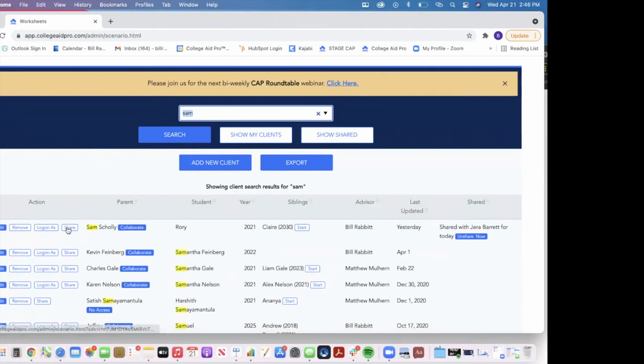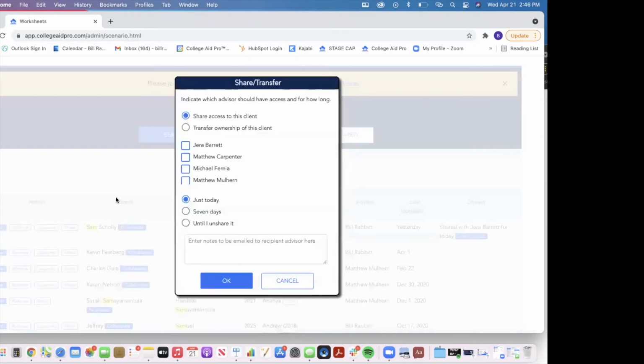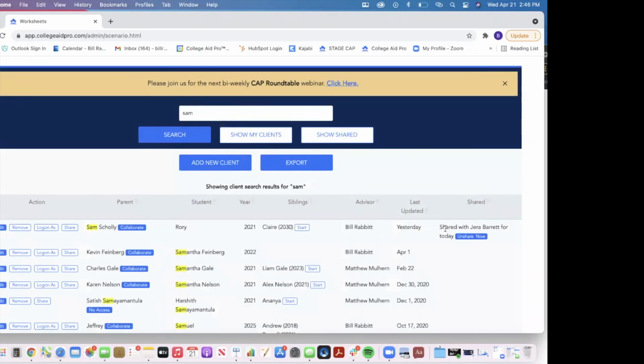So for example, for Sam Scully here, I could go ahead and say, all right, I want to share access to this case just today, and say, Jared, please check out the home equity here and make some recos. Okay. So when I go ahead and send this, Jared's going to get an email notification with my message. Okay. On my side, I could see that I've shared it with Jared. Okay. And then Jared has access to that.